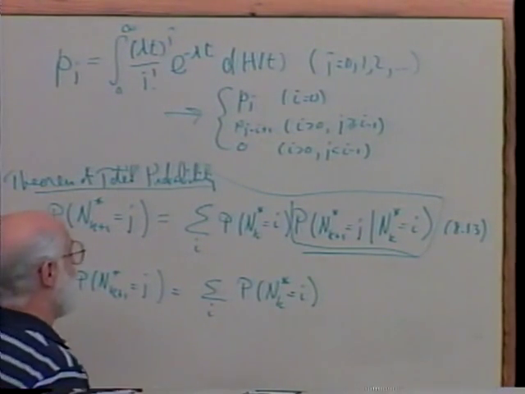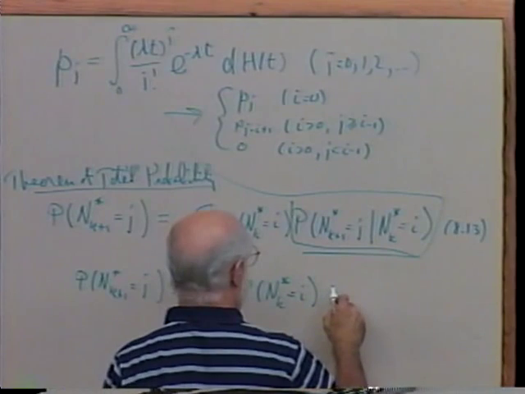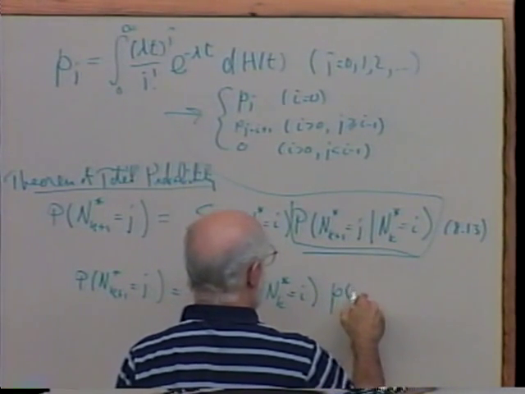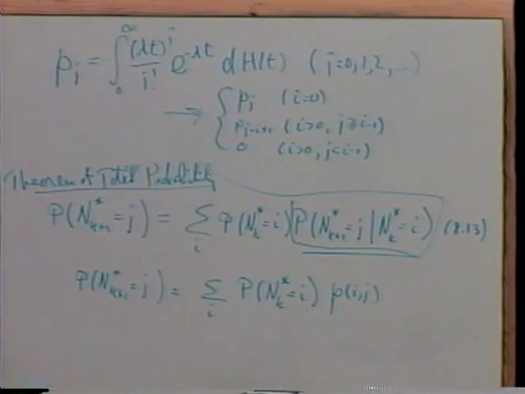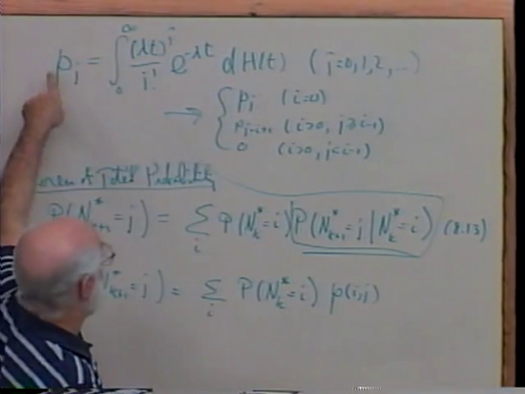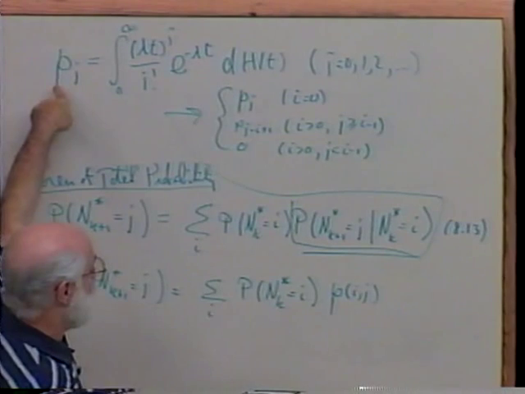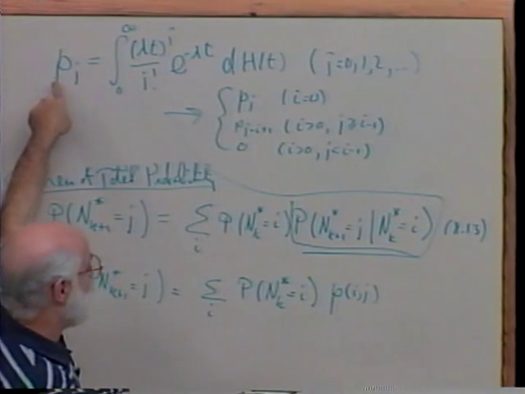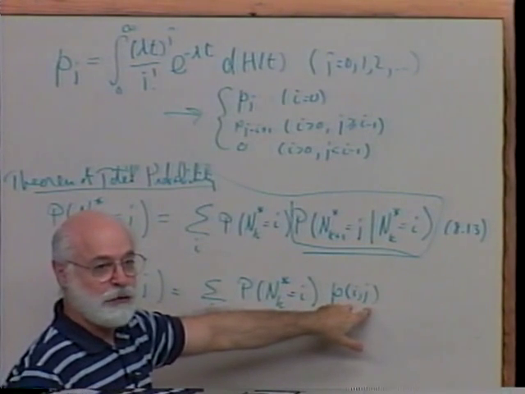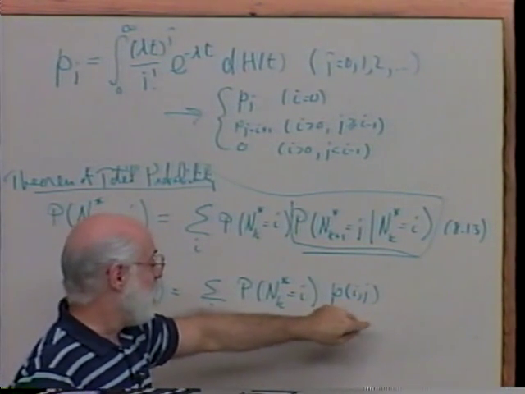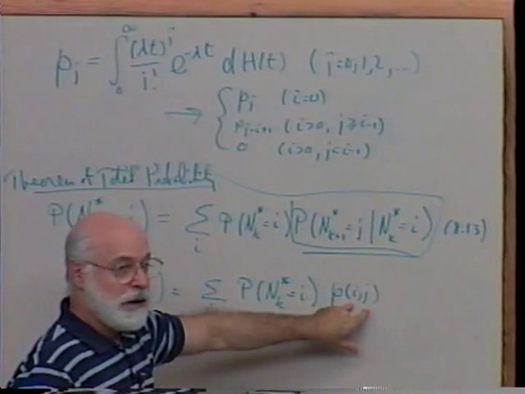And that stuff there, I think I'll write it for the moment just like this: P_ij does not depend on k. It's interesting that these P_ij, which is the usual notation used for a Markov chain, do not depend on k, only on i and j.